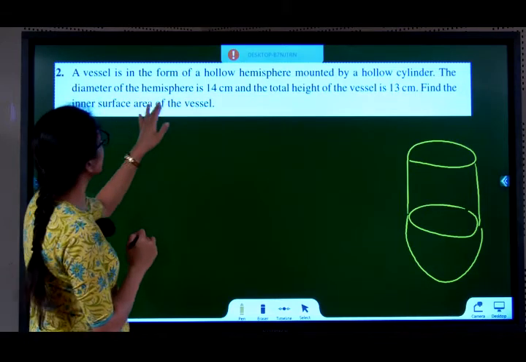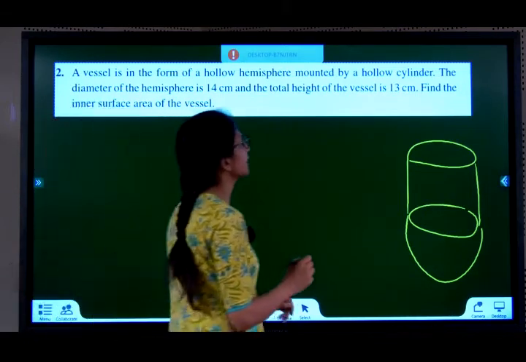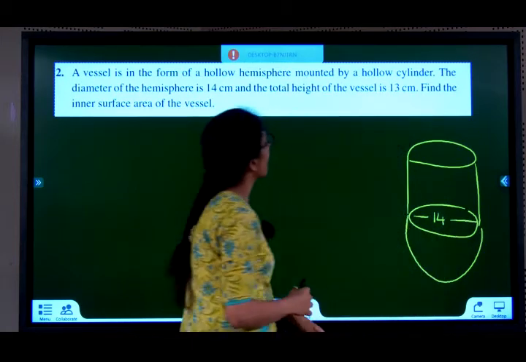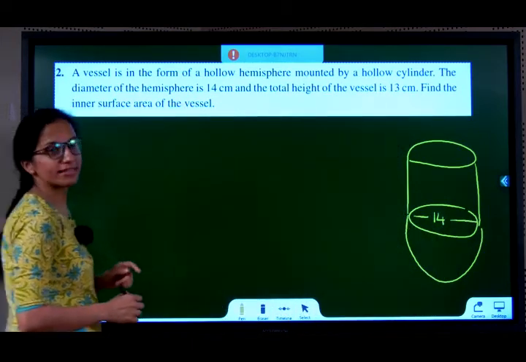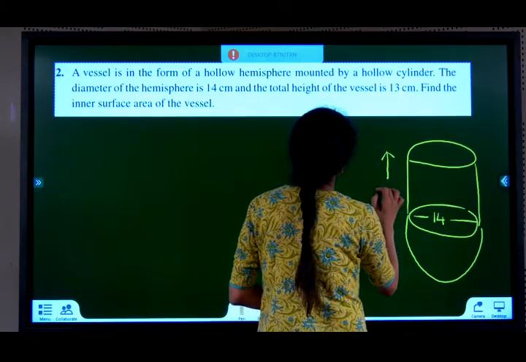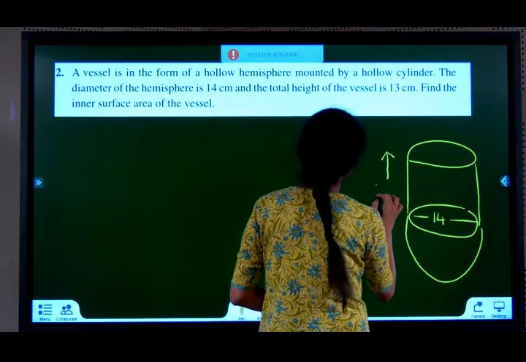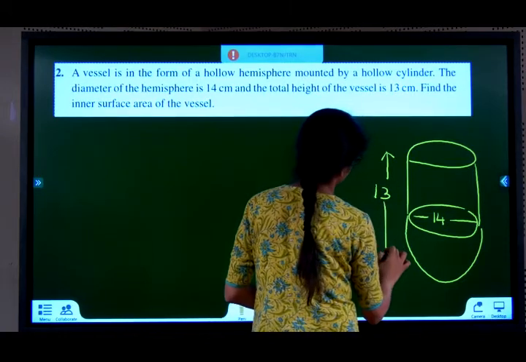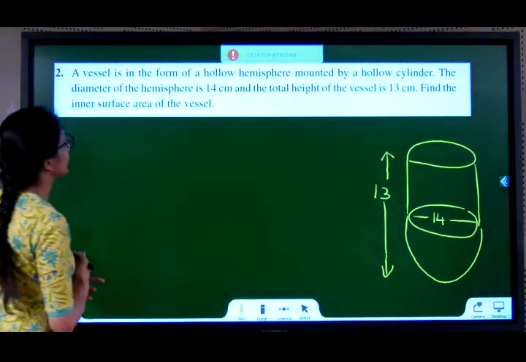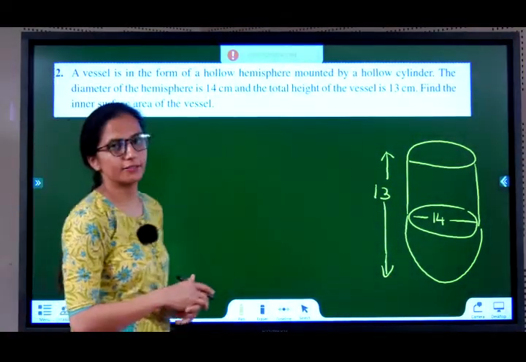The diameter of the hemisphere is 14 centimeters. And the total height of the vessel is 13 centimeters. Find the inner surface area of the vessel.